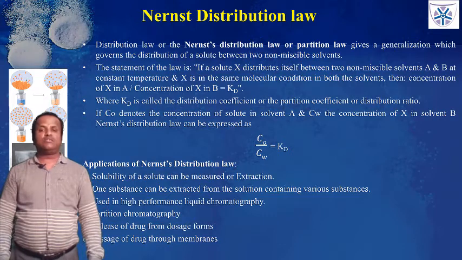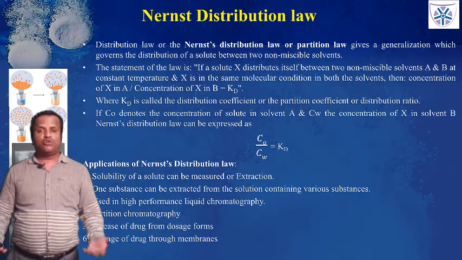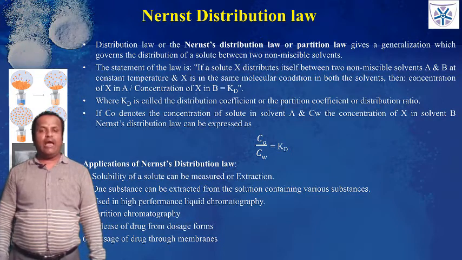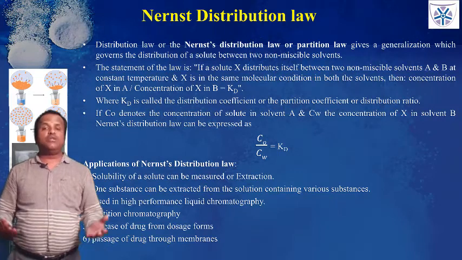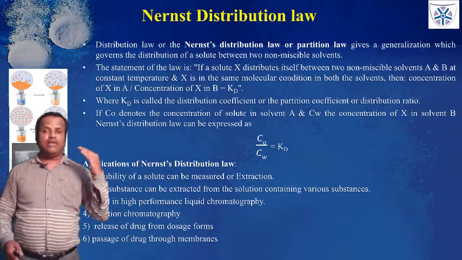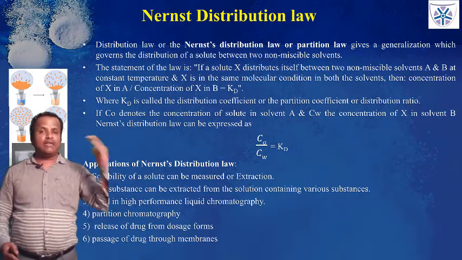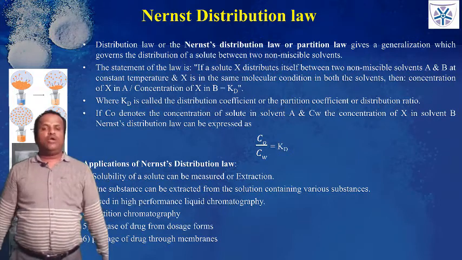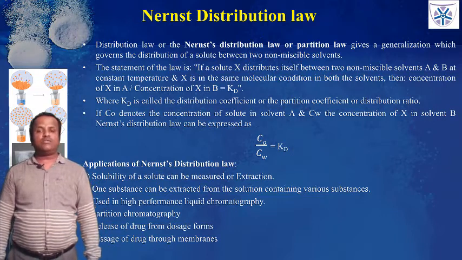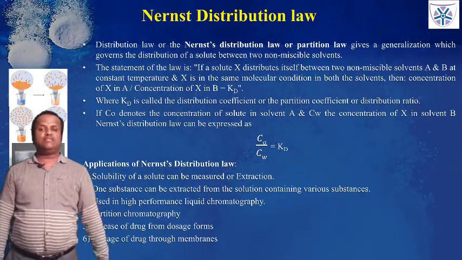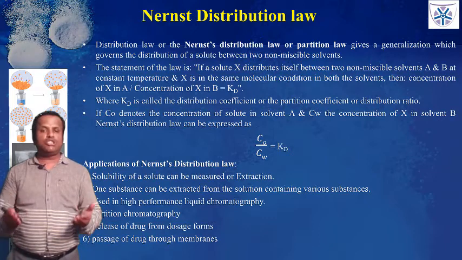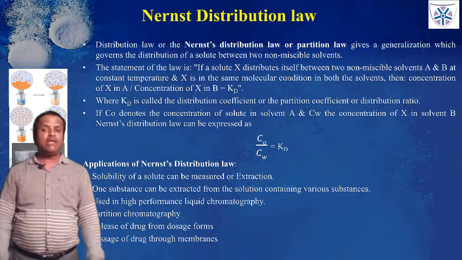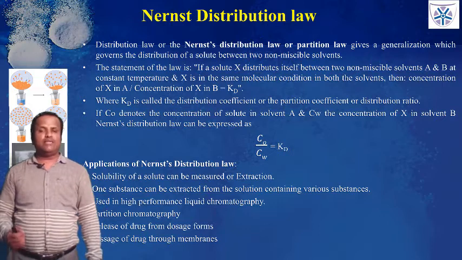Kd is the Nernst distribution coefficient, also called the partition coefficient or distribution ratio, that is the ratio between layer A and layer B, or in our example the organic layer and the aqueous layer. If Co denotes the concentration of solid in solvent A and Cw is the concentration of X in solvent B, then according to the Nernst distribution law, mathematically Co/Cw is equal to the distribution coefficient Kd.